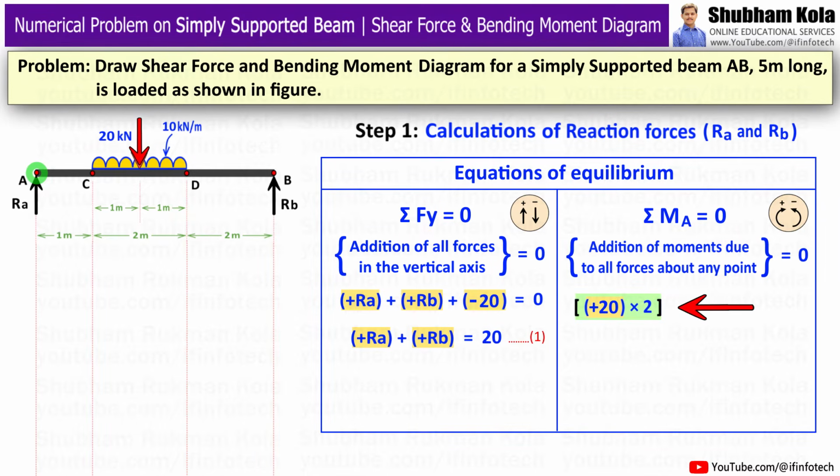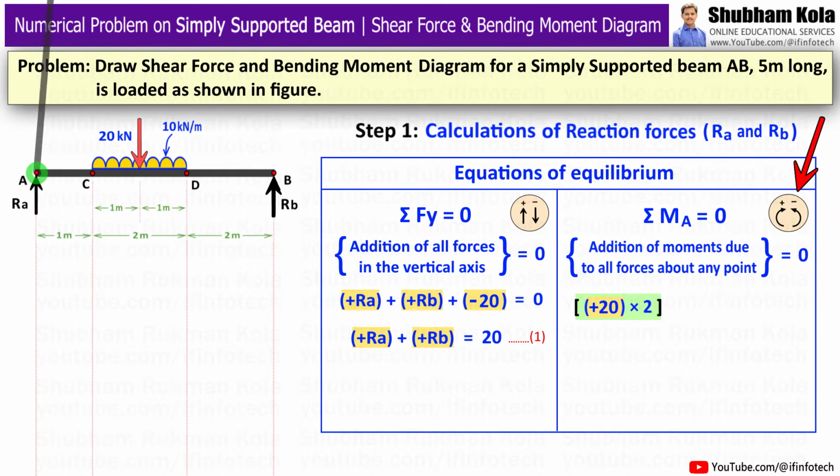Now as per decided, moment is force into distance from fixed point. So here plus 20 kN is the force into 2 meter is the distance from fixed point. Now here reaction force RB will be pushing this beam towards upward. So it rotates the beam anticlockwise from fixed point.